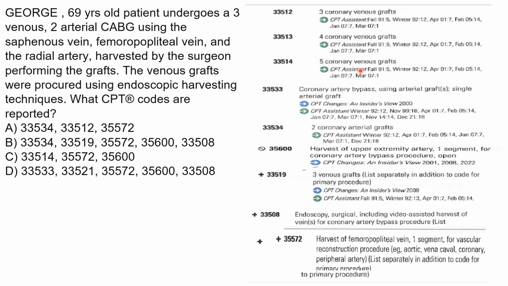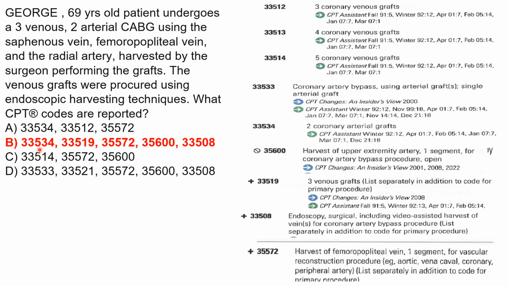Even 33514 is also a primary code, so that also I cannot use. So I am going to eliminate options A and C, because those are not the correct options. Now between B and D, we have to just zero in on our answer. So the answer is B, 33534.